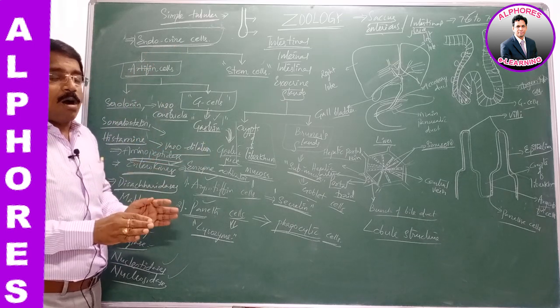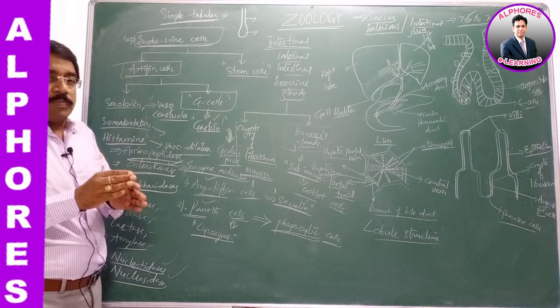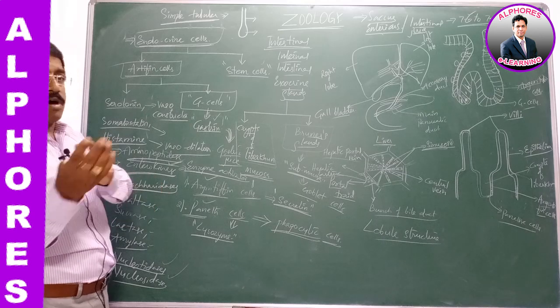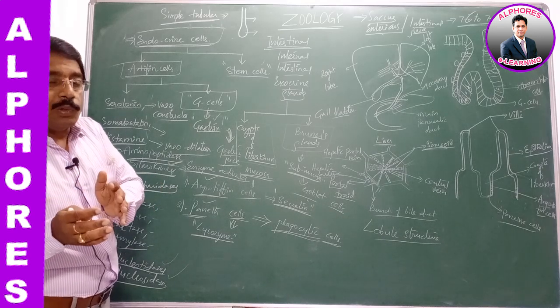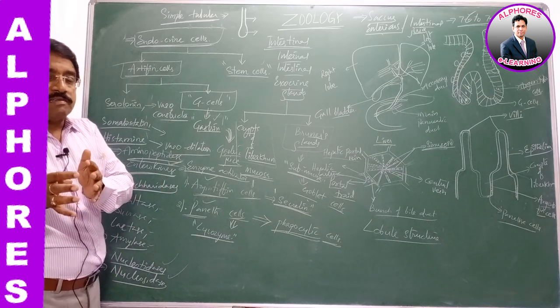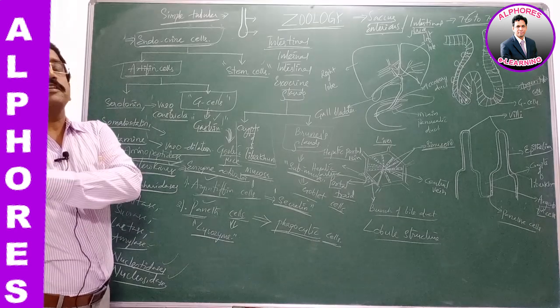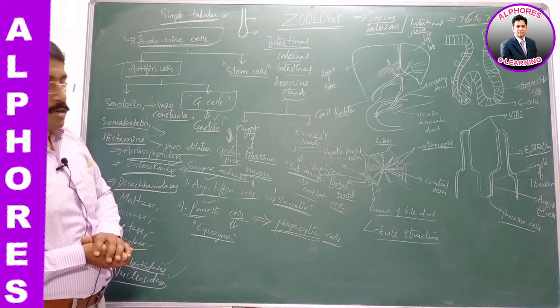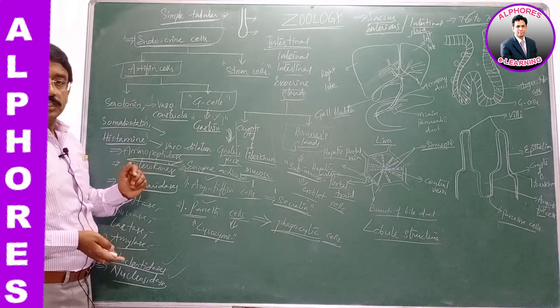So aminopeptidase on the amine group, then carboxypeptidase, then tripeptidases, tripeptides, dipeptides, and finally amino acids are formed. That is nothing but protein digestion.